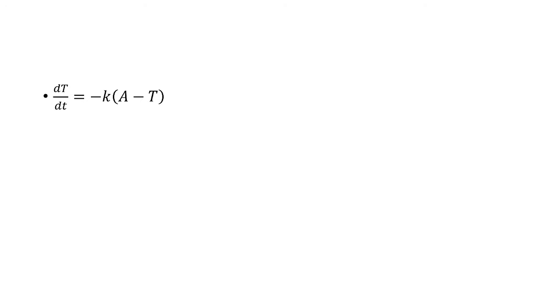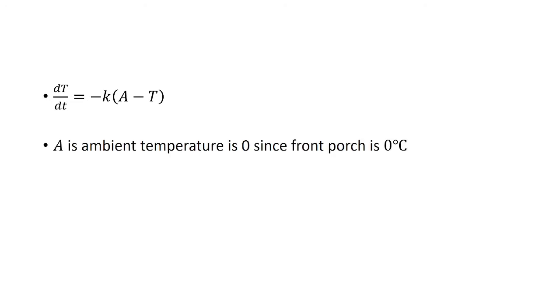Now because we're looking at cooling it on the front porch, the temperature is 0 degrees Celsius. And so capital A is the ambient temperature, and that's going to be 0 degrees. So we can substitute that in and get dT/dt equals k times T.